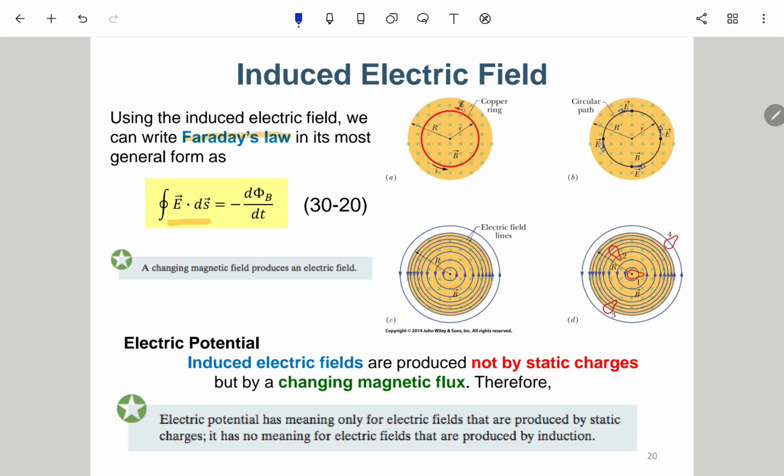Recalling Ampere's law, the integral of B dot ds will be mu 0 I enclosed. So on the left side, for Ampere's law it is a line integral of the B field. Here it is the line integral of the induced E field.